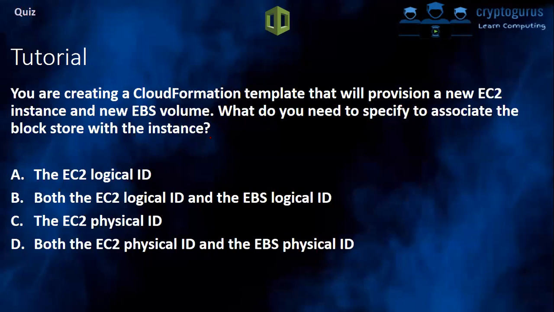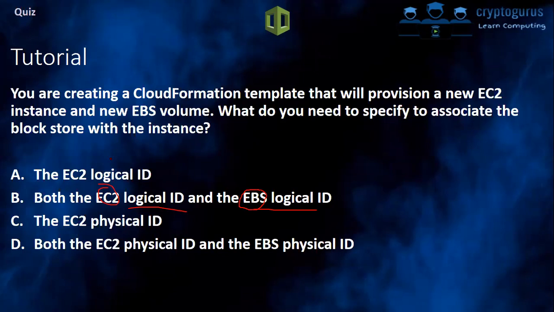In the template we know only the logical IDs. So we have to associate the logical ID of EC2 and the logical ID of EBS, because that is the only thing known in the template. The physical IDs would not be available.